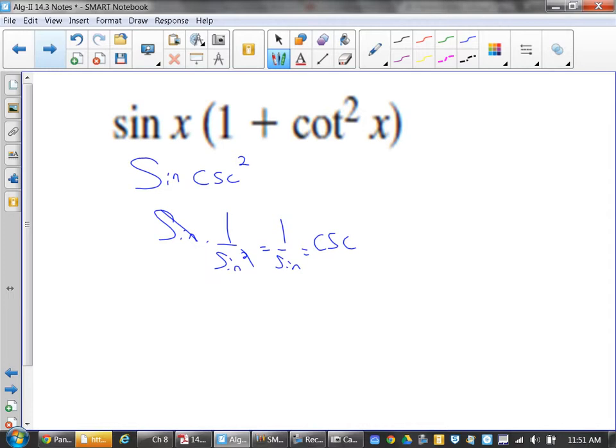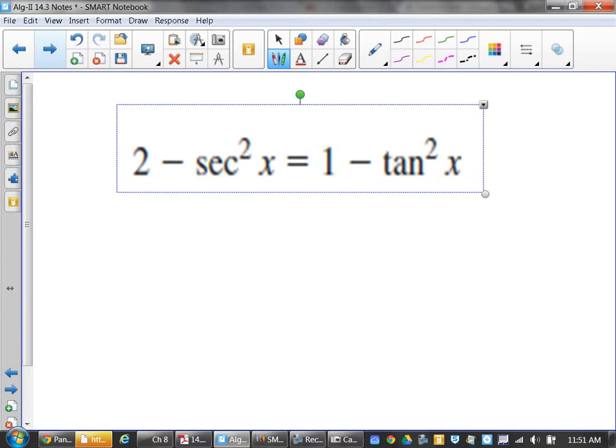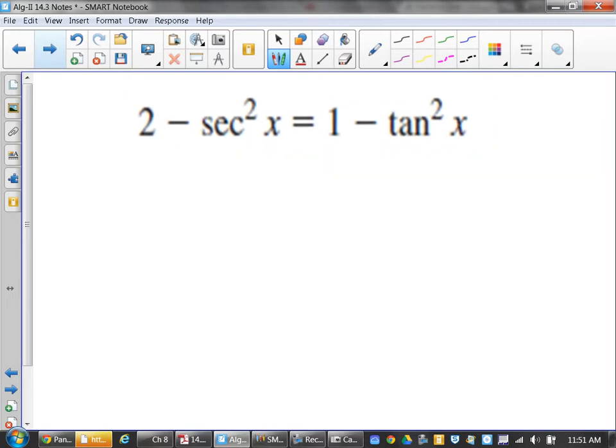No, because 1 over sine is cosecant. Does that make sense? You can say cosecant is 1 over sine, but usually simplify it. Why do they all equal cosecant? This is a verify.